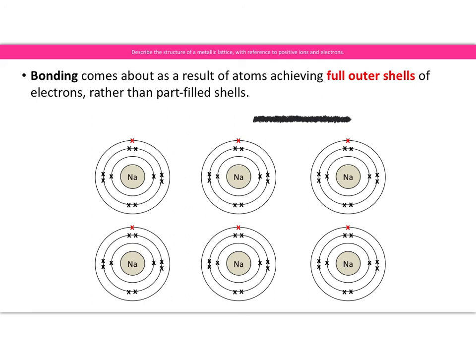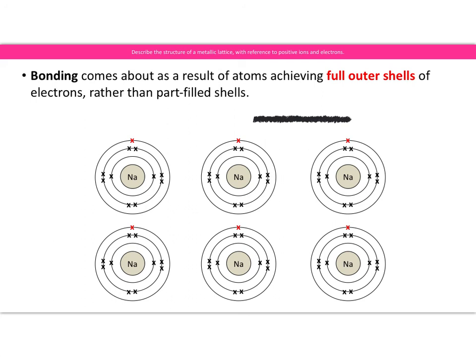So remember, we've said that the result of all bonding is the achievement of full outer shells. So if we think about sodium as a metal, we can think of lots of sodium atoms in a regular repeating pattern because it is a lattice.